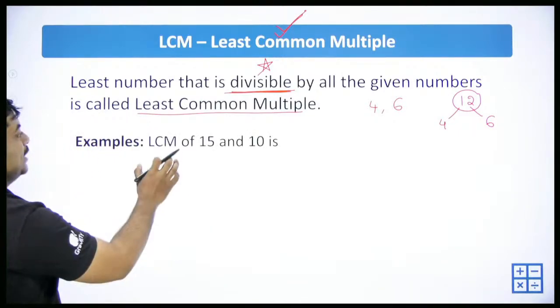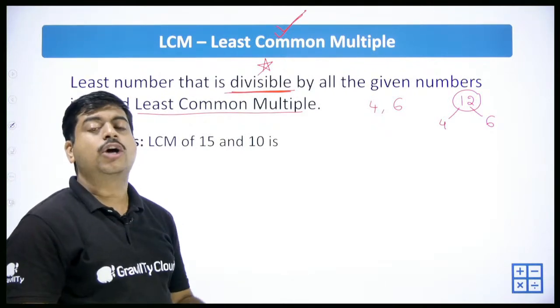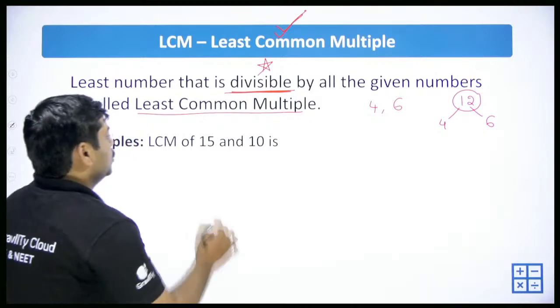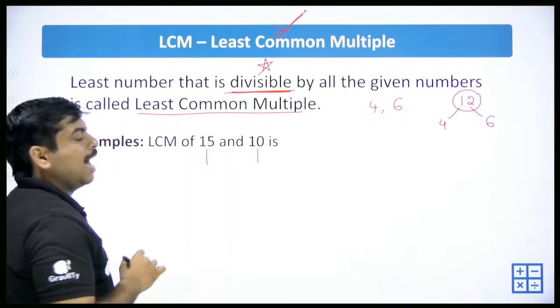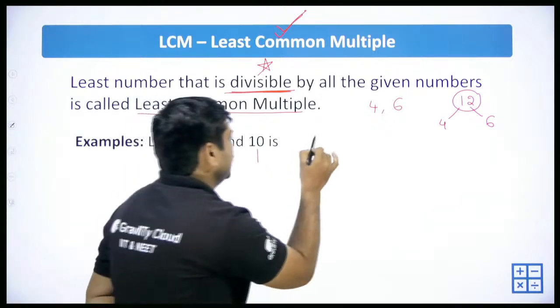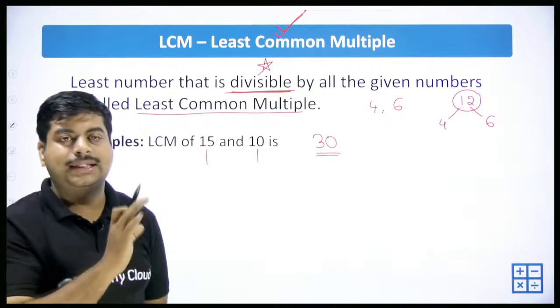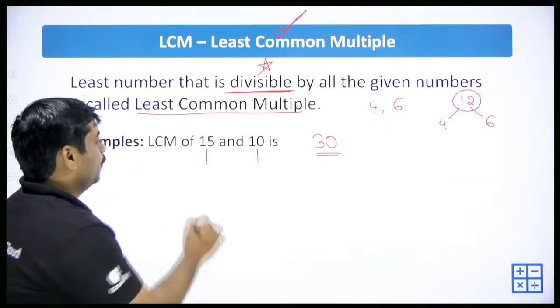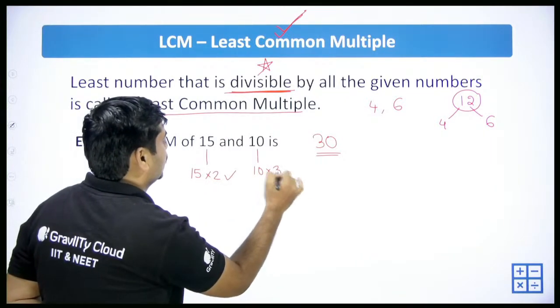Okay, LCM of 15 and 10. Least common multiple of 15 and 10. I'll write 30 as the answer. Just tell me whether it is correct or wrong. How? We'll see, there are some methods for that. But how to get that 30? 15 into 2 is 30, correct, and 10 into 3 is 30.